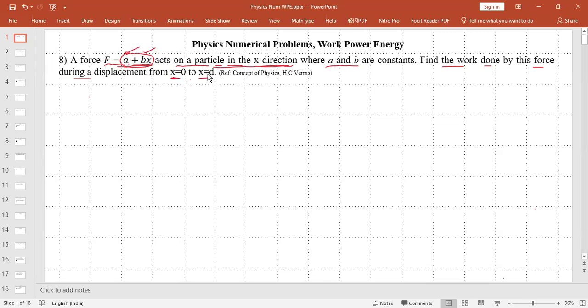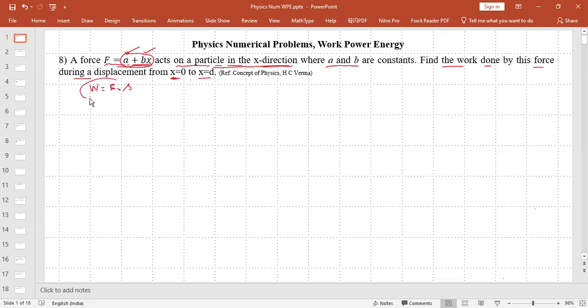Now, only one small thing to be noted here: force is a function of x. Normally we use the equation work done is equal to force multiplied by displacement. Here, in this equation, force is a constant.